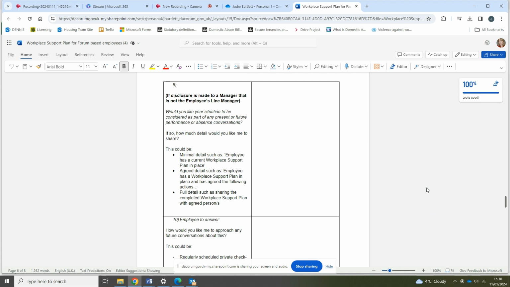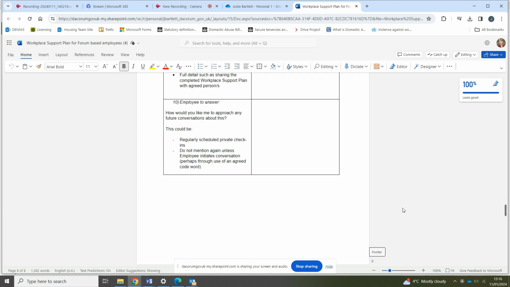So in those instances, we really want to make sure that the employee is empowered to be able to say whether they want any of this information to be shared with their manager or as part of performance management or absence conversations, and that's what this box details. It is also okay for them to say that they don't know to any of these and to revisit at a later time if they need to.